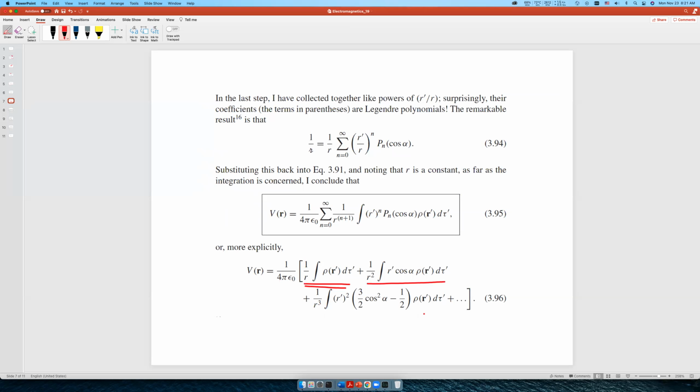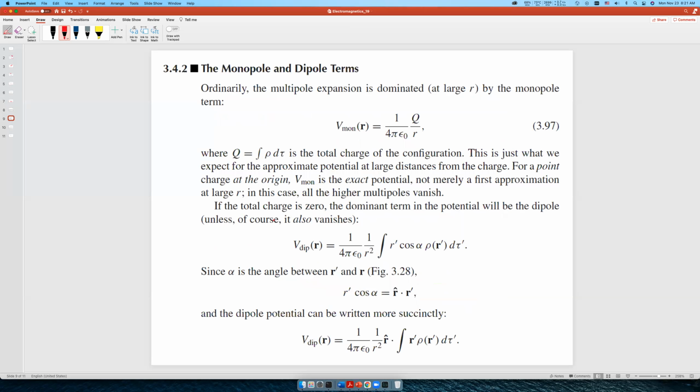It vanishes even faster. So when r is a big number, the dominant term is the first term, which is the monopole term.